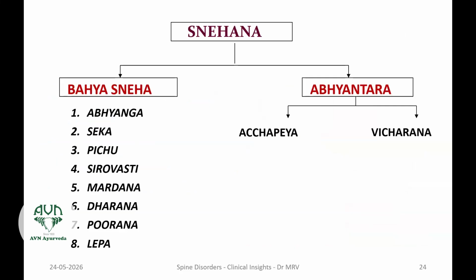Then various Snehana, Abhyanga, Seka, Pichu, these are all Bahya Snehas. Abhyanga, Sneha, Achcha peya, Vicharana, all these are Bahya. We are coming into the details of those things. Achcha peya is where the Sneha alone is taken, and that is for getting good Vriddhi. Usually in my practice, Achcha peya is done only for performing Vamana.